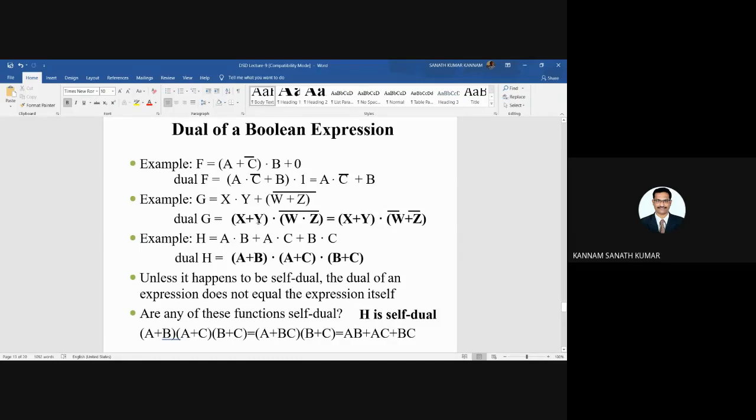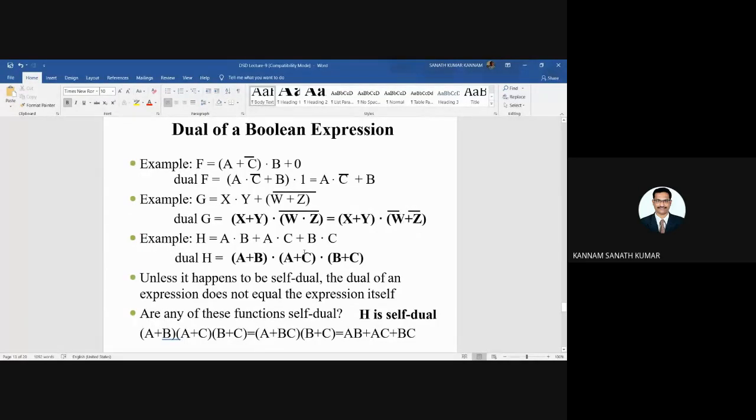X or y into the AND operation of w and z bar. If you apply De Morgan's law for this expression, the complement will be applicable for each and every variable and will convert AND into OR, so y bar or z bar.